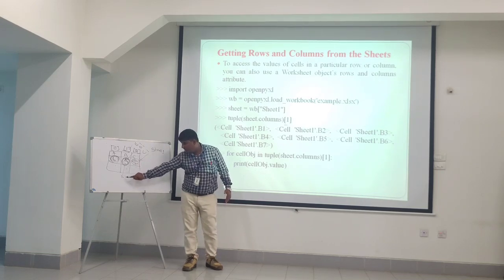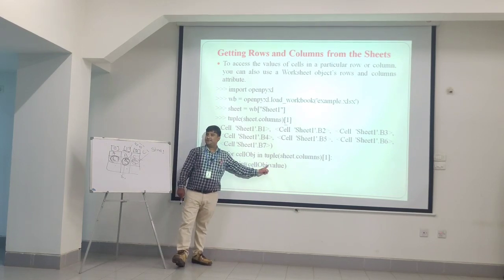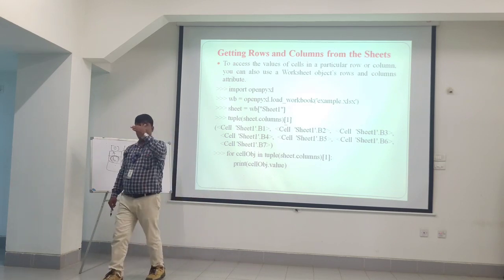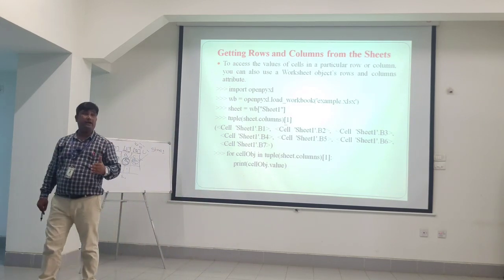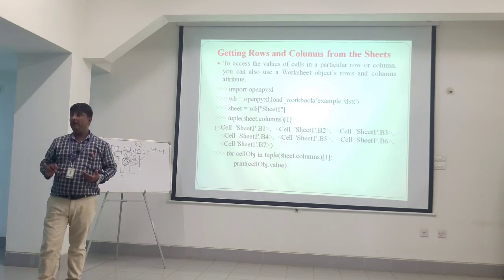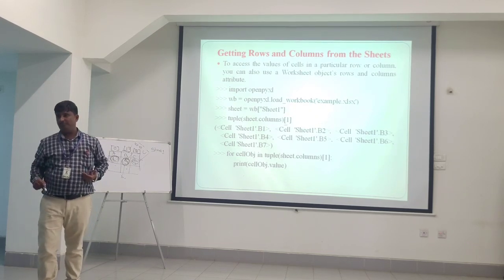B1, B2, B3 up to B7. And what values am I printing? Cell object dot value. First time, apple, 100% correct. B1 dot value, next B2 dot value, next B3, next B4, next, up to the end.